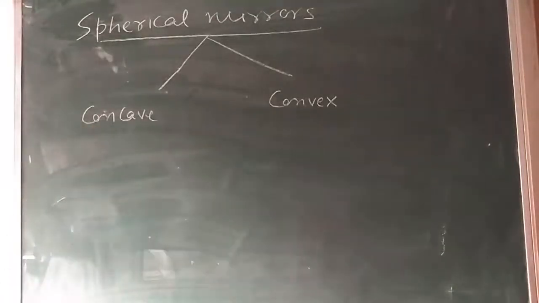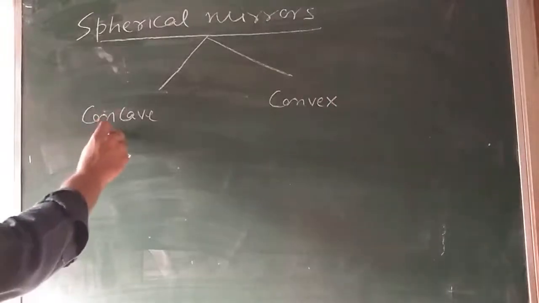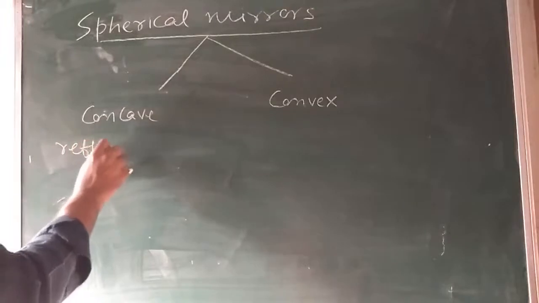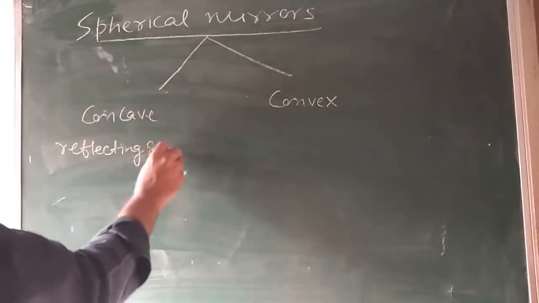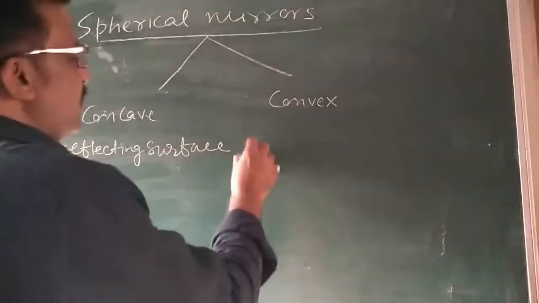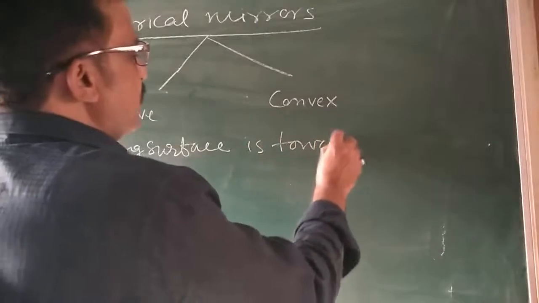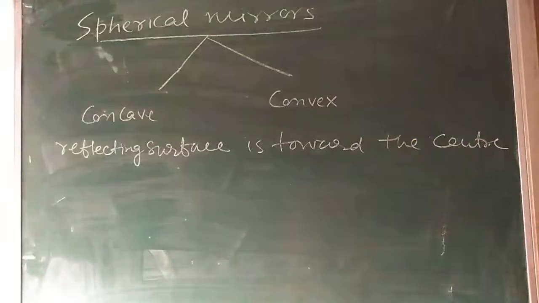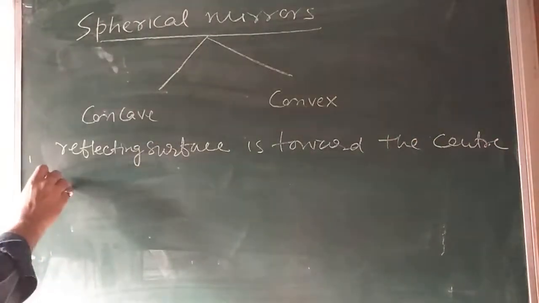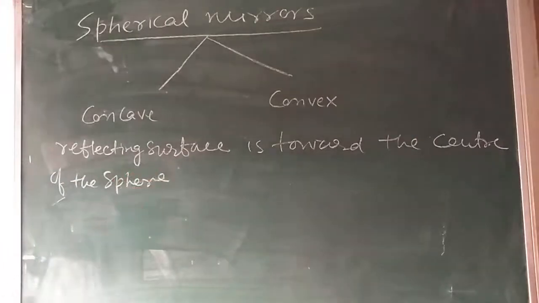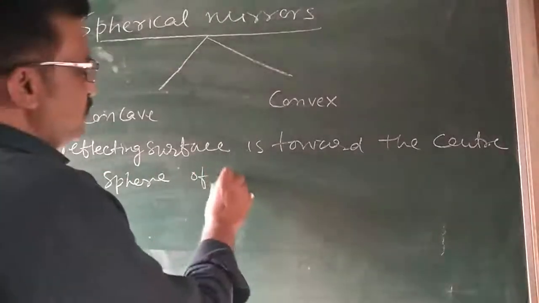So write down here: a concave mirror is that spherical mirror in which the reflecting surface is towards the center of the sphere, of which the mirror is a part.